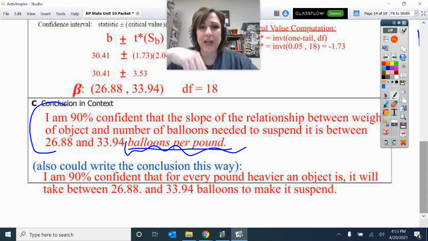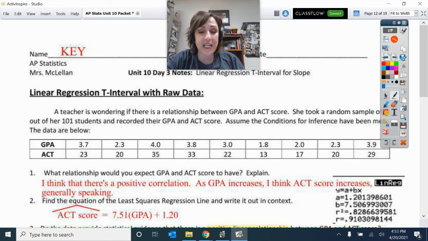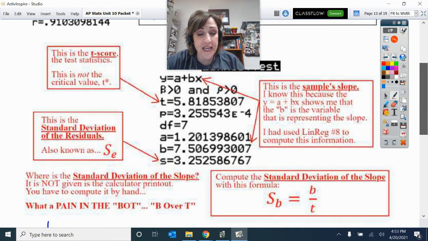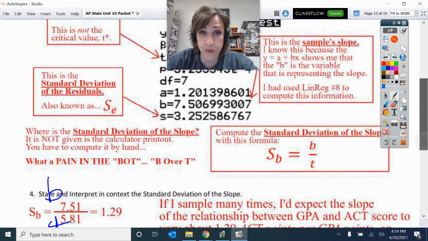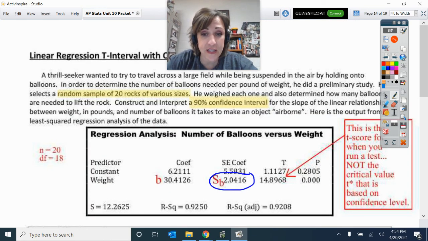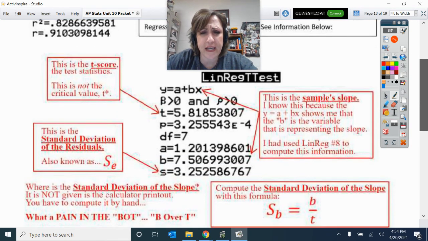All right, there we have it. So three things here. Number one, making an interval with your raw data is pretty straightforward and simple. The other thing I wanted to cover is if we have to get the standard deviation of the slope and we just have our calculator, without this handy little computer printout, that S of B is a pain.